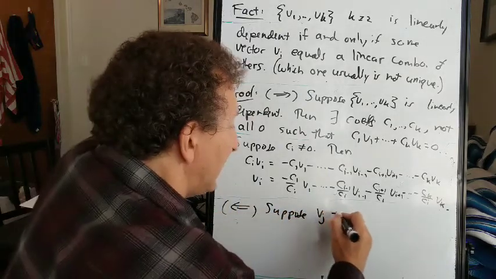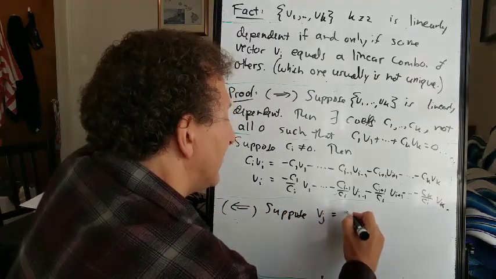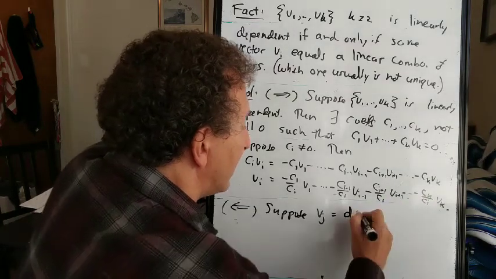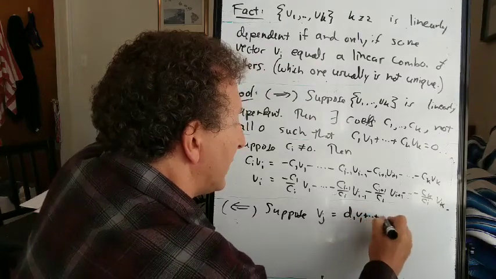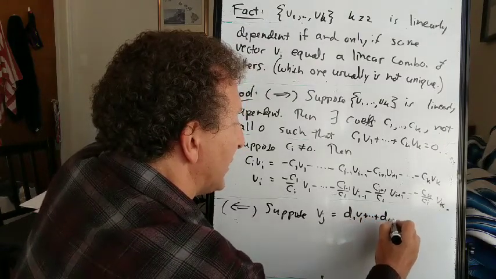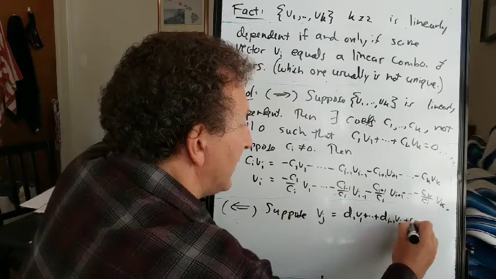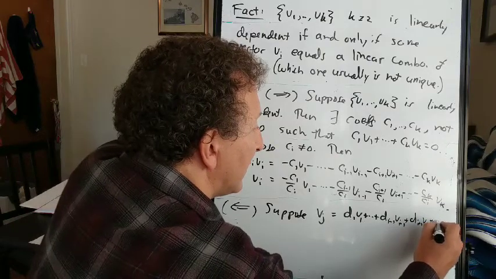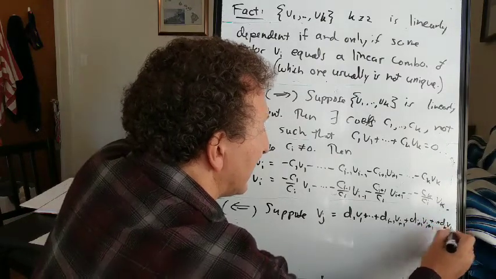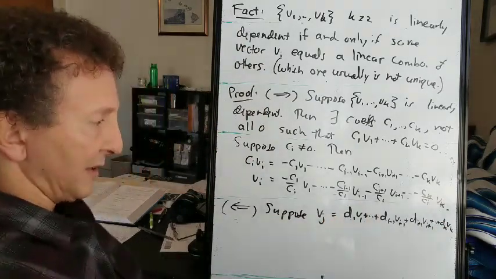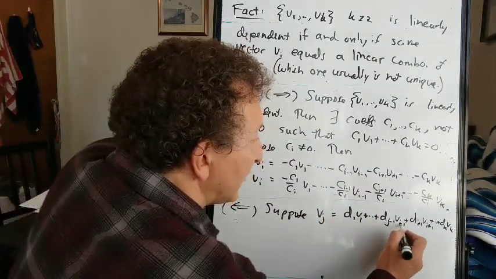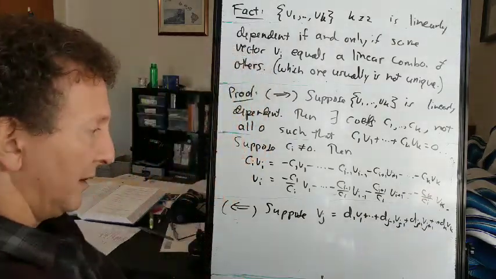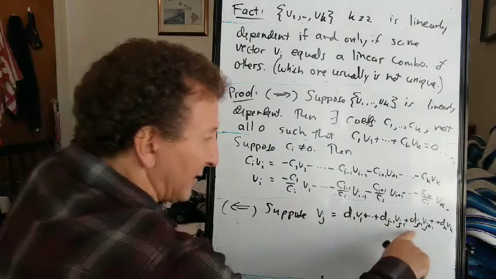Suppose vj equals something like d1 v1 summed up to di minus 1 vi minus 1, di plus 1 vi plus 1, dk vk. So vj equals some linear combination of the others. And let's make these j's. So vj is a linear combination of the other things, everything except for vj over here.